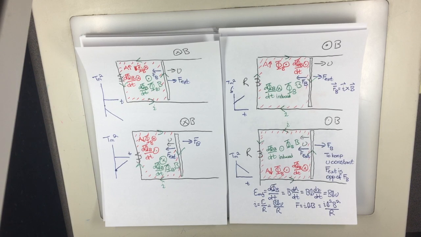It's not a law, it's just an observation made by experimentation. So you can do the logic, and if the current produces a magnetic force that is in the same direction as velocity, you know you've messed up and you need to go back and rethink it.